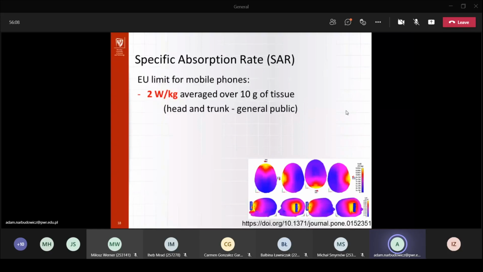However, there is also a slightly relaxed limit for people working, basically technicians or people directly working with radio equipment. So, for instance, if you'd be working as a base station service, high climbing on top of the base station mast, then you can be hypothetically exposed to slightly higher specific absorption rate, right?